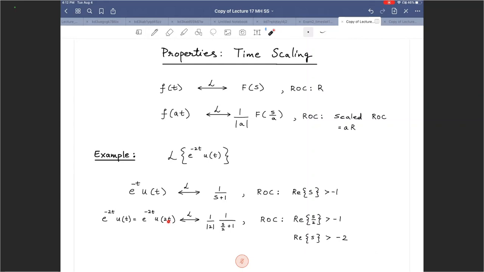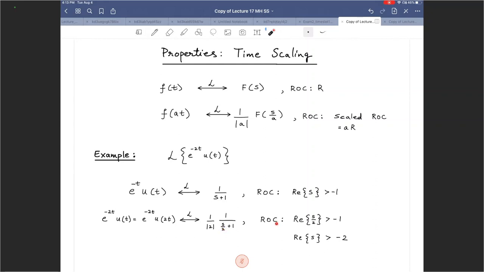And for time greater than 0, they are 1. For time less than 0, they are 0. So u of t and u of 2t are essentially the same signal. So for this, using the time scaling property, we can write the function in the Laplace domain as 1 over absolute of 2 multiplied by 1 over, instead of s, now I have s over 2 plus 1.